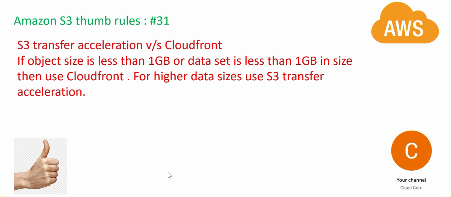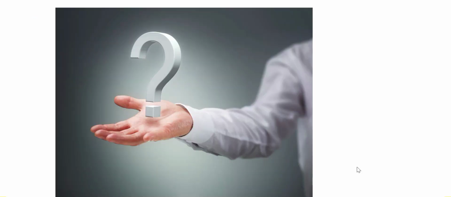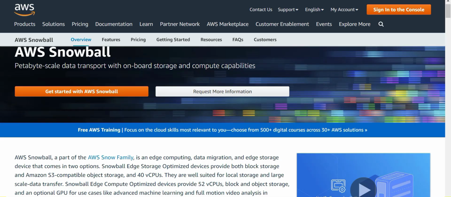That's all. Now you must have heard there is a concept called Snowball. Snowball is primarily used for petabyte scale data transport. Suppose your on-premises has a lot of data, and your strategy is that you would cloudize everything. So you want to move this data. There must be certain applications, databases, and imagine the data in those databases has to be moved to cloud.